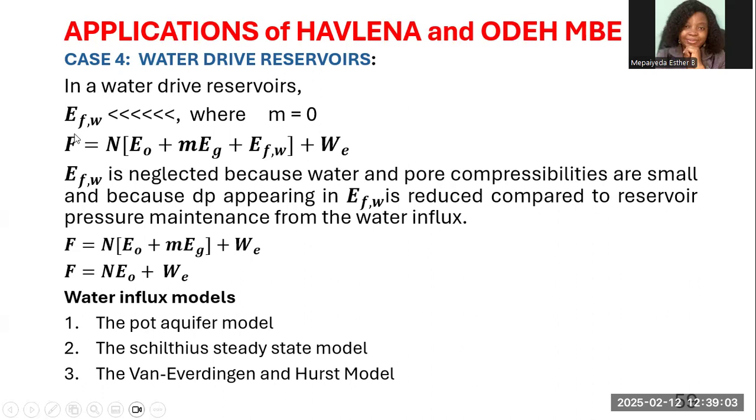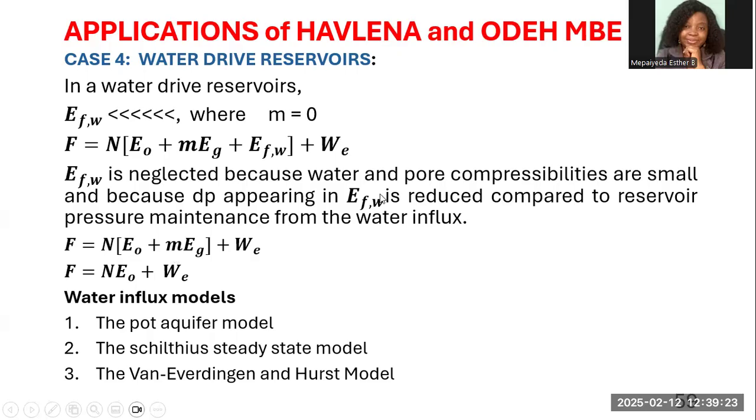So we have back our equation. EFW is neglected because water and pore compressibility are small, and because the pressure drop appearing in EFW is reduced compared to reservoir pressure maintenance from the water influx. I believe you understand this. We come back here.